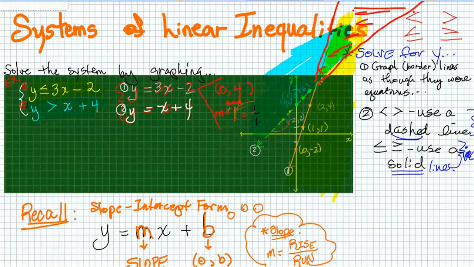Just like for lines, that point of intersection would be the solution. If it was just a linear equation, we would just be looking at a point. But it's a linear inequality. For just one inequality, it's an interval. For two, we're looking at where they combine. Where do these two regions meet up? That's the solution for your system.